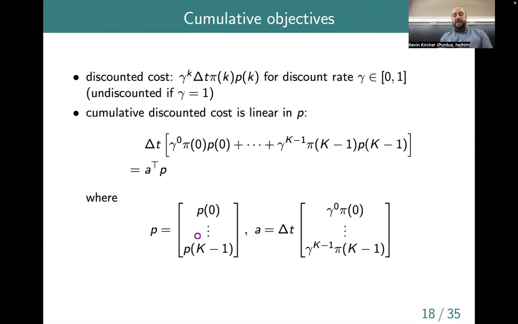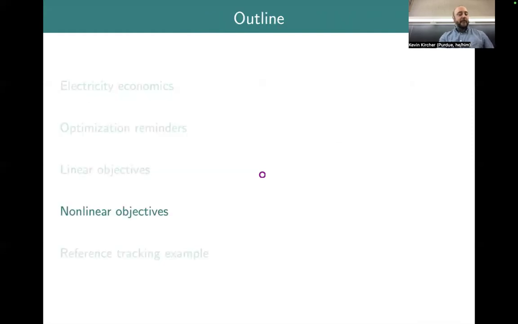So basically we can write P as a vector, and then A as well we can write as a vector, which has the time step as well as all the discount factors in there and the prices. And so this thing again is a linear function. So it has the same sort of properties that we've been discussing.